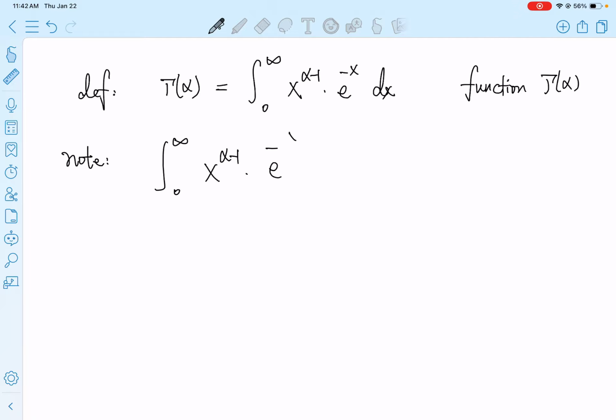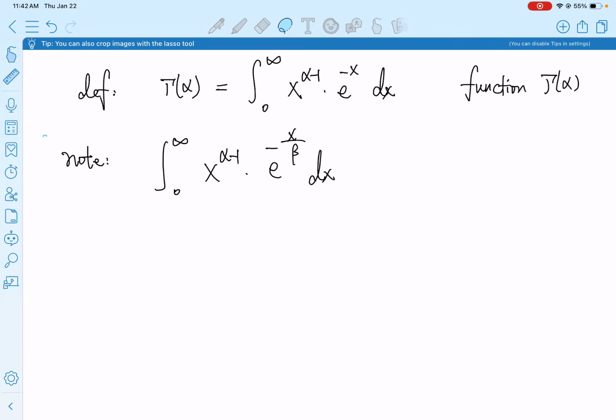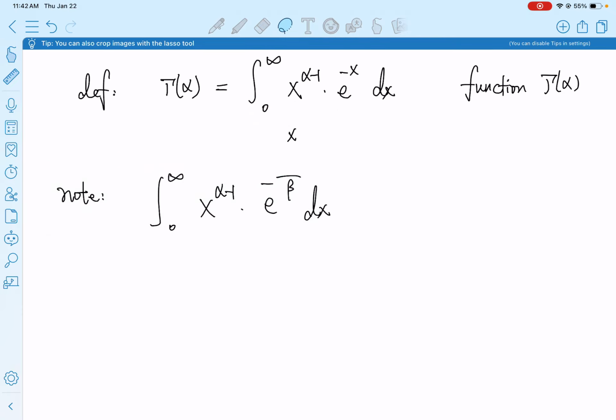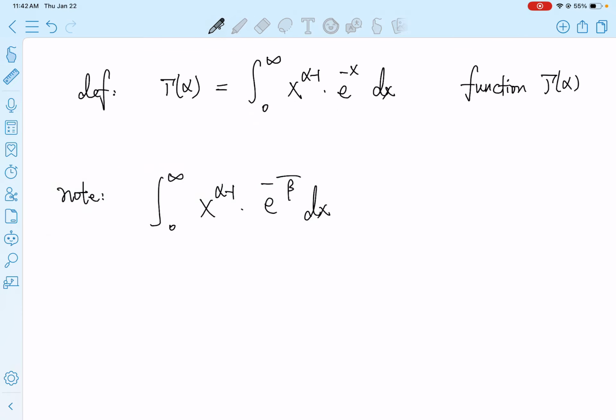So this is the numerator, or the kernel function, dx. It's not the gamma function, it's the kernel function for the gamma distribution. And now let's take a look at evaluating this integral.